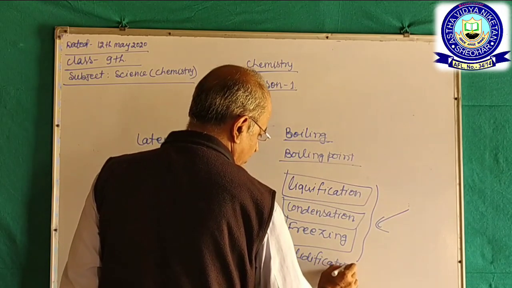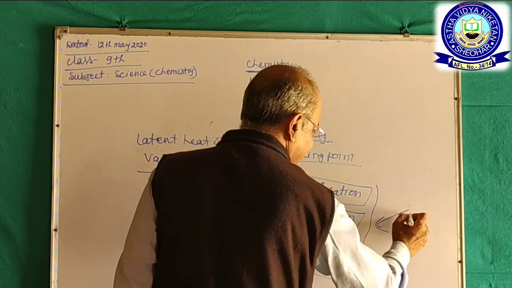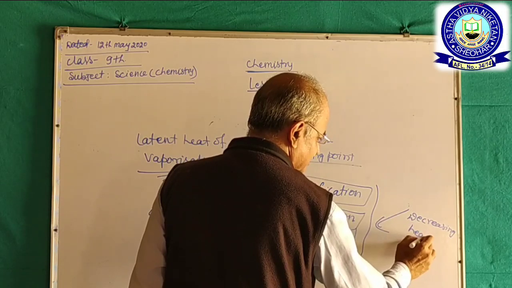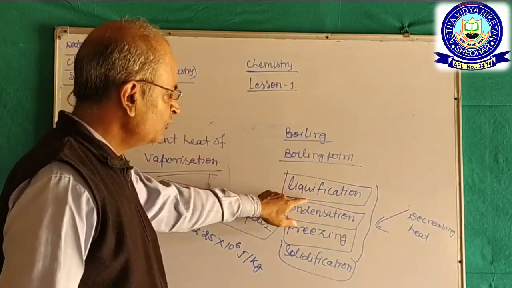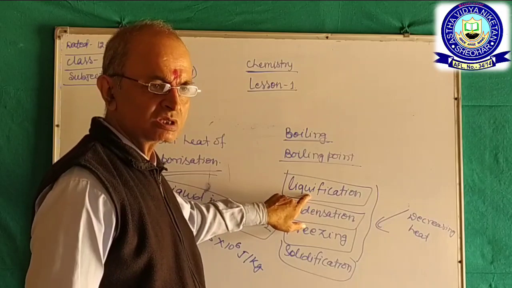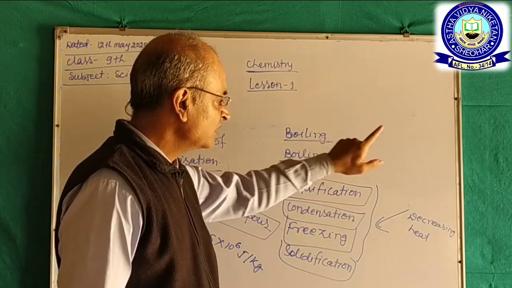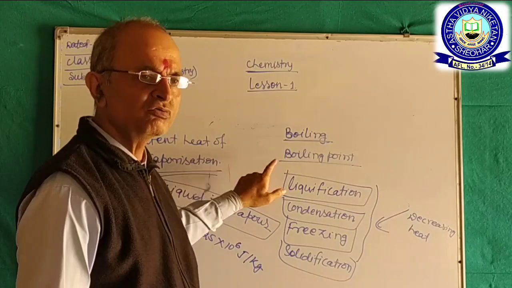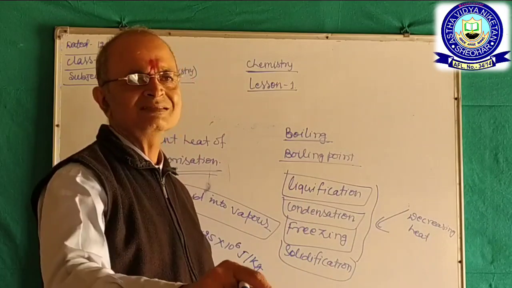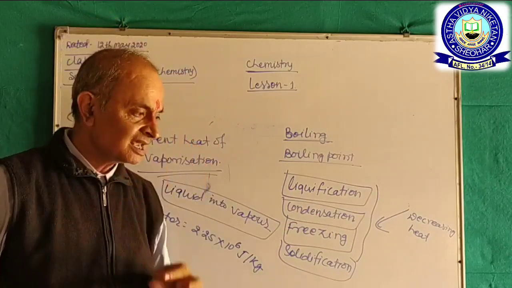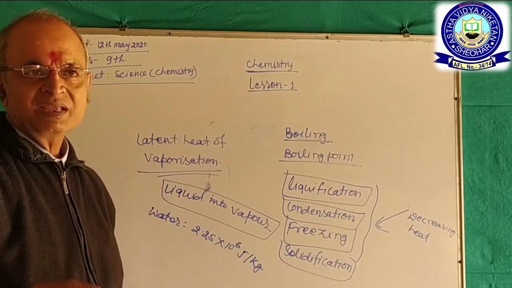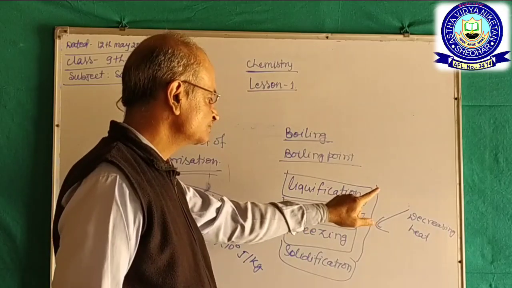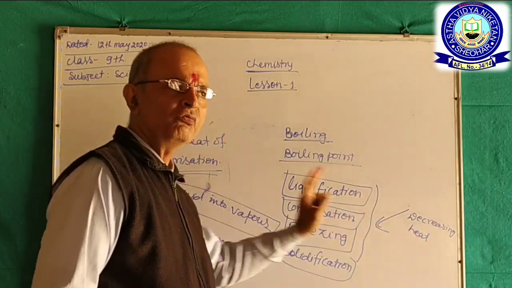These four phenomena are all due to decreasing heat. Liquefaction is the process by which the gaseous state converts into the liquid state. The liquefaction point is the temperature at which gas changes into liquid. It is done due to the decreasing of heat.